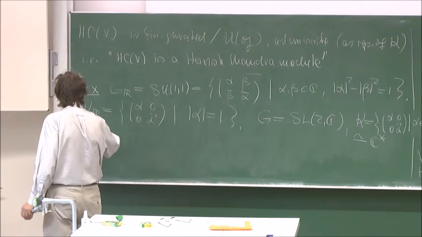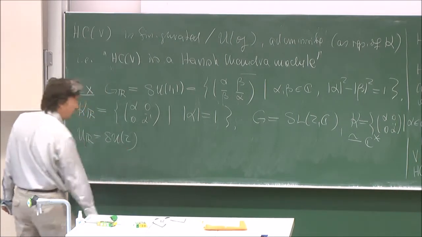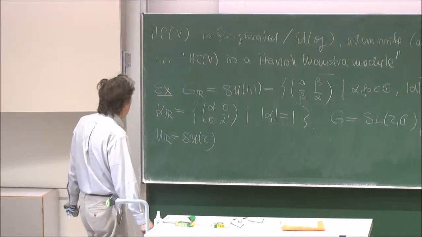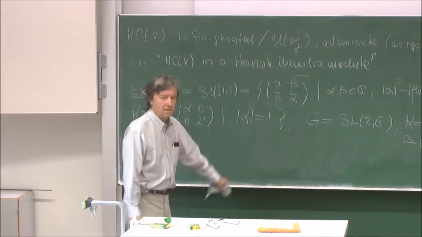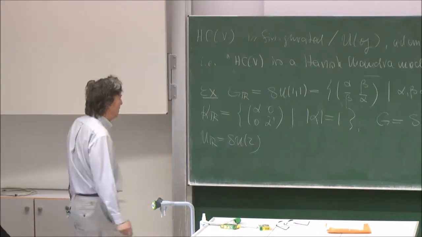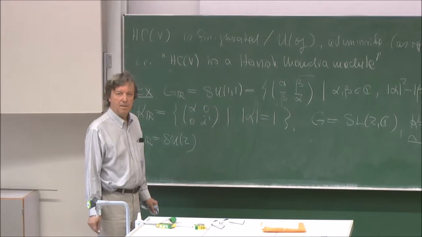And then U_R will be SU(2). Wilfried, the formula for K_R, have you got an extra conjugation that you don't need? The absolute value 1. That you have alpha and alpha bar? I mean, that's the minus, that's the minus 1.